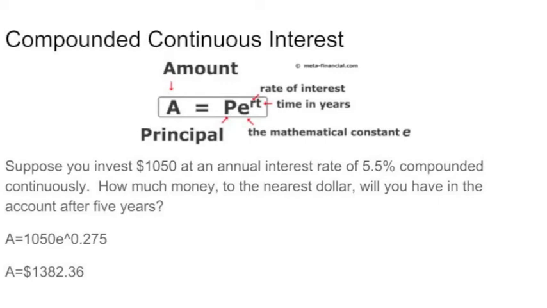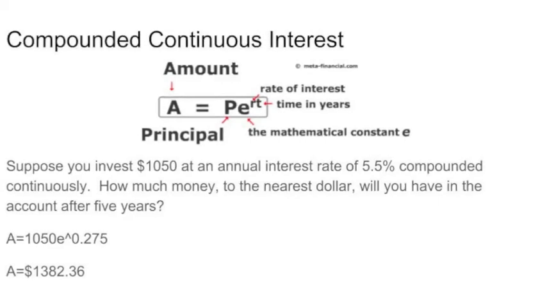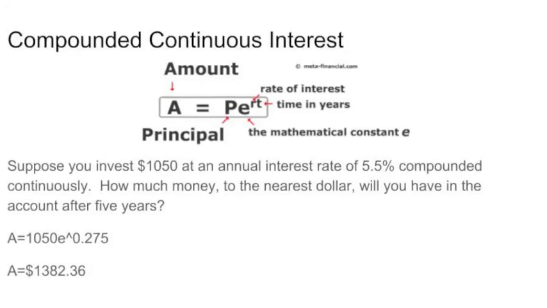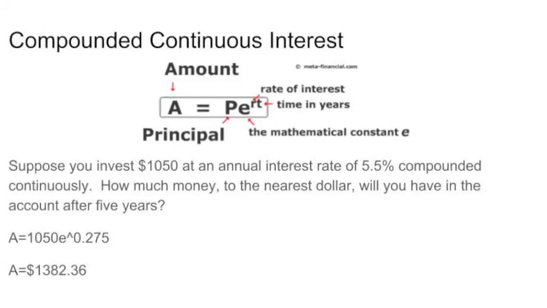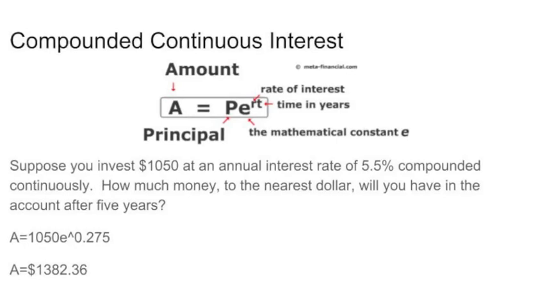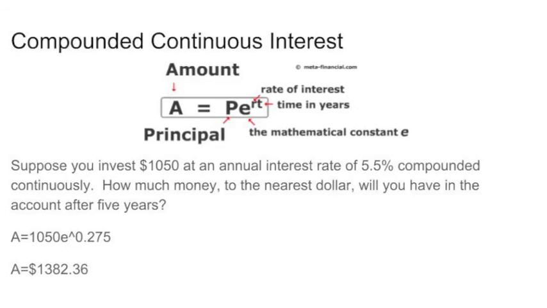So this is the exact same problem we had before, except there's one difference. It says, suppose you invest $1,050 at an annual interest rate of 5.5% compounded continuously. See how now it says continuously instead of quarterly? Because it says compounded continuously, we have to use this formula. How much money, to the nearest dollar, would you have in the account after 5 years?